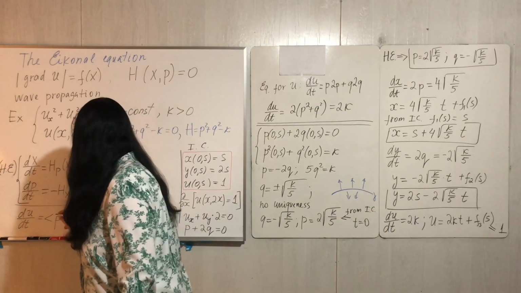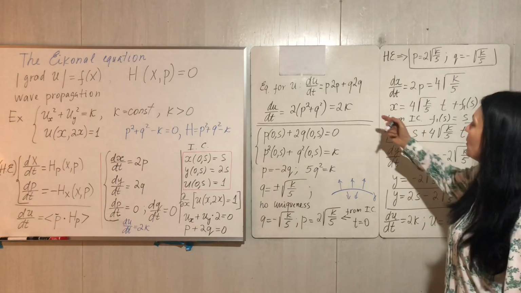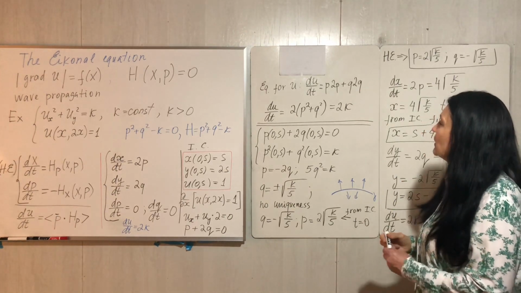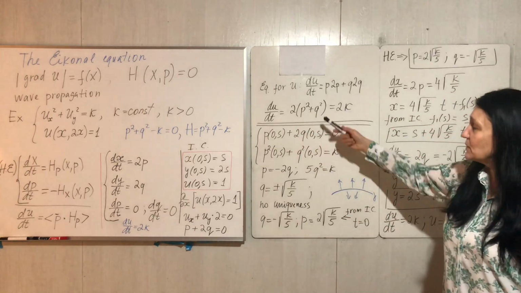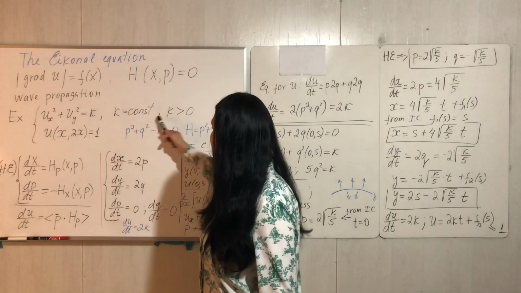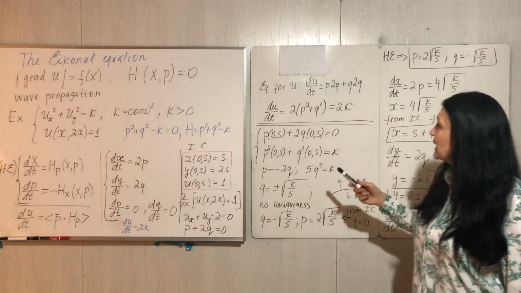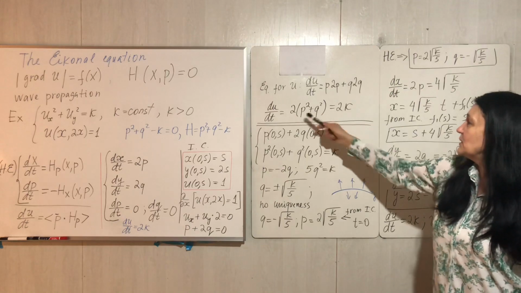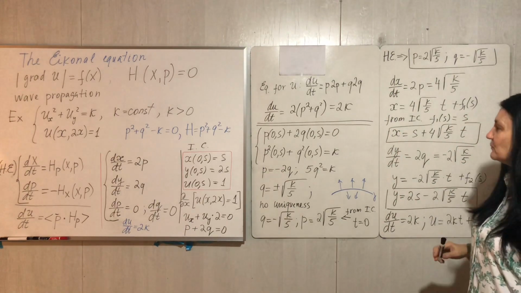So then we will have q times 2q. So finally we can rewrite it as du/dt equals 2(p squared plus q squared). But we have our equation, so we can simplify, since p squared plus q squared equals k. So instead of this, we can write du/dt equals 2k. This equation is much easier to solve then.